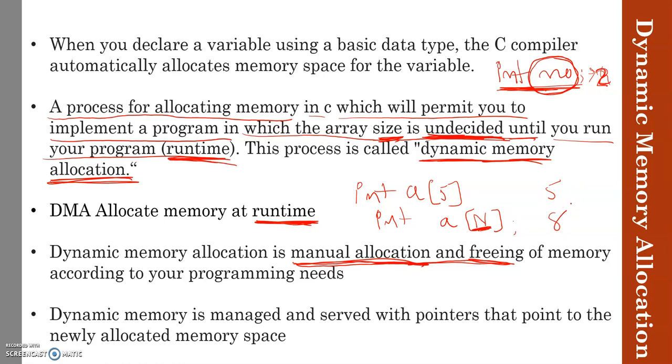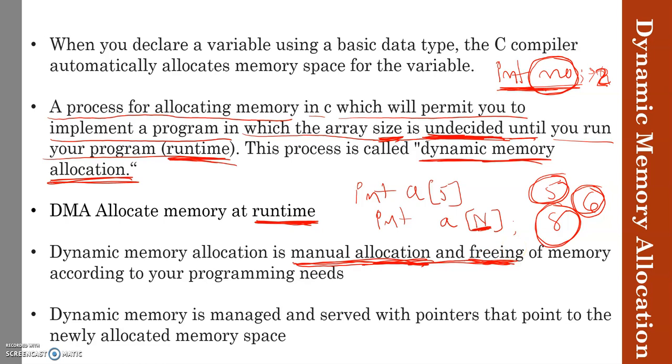So I can resize this 5 to 8. After some time I realized no, I need only 6. So yes, you can go to 6 as well. Means if I have 5, I can increase to 8 and also decrease it to 6. This is the manual allocation, because we need to give all these values 5, 8, 6 to the compiler. So we can allocate the memory as well as free the memory according to your programming needs.